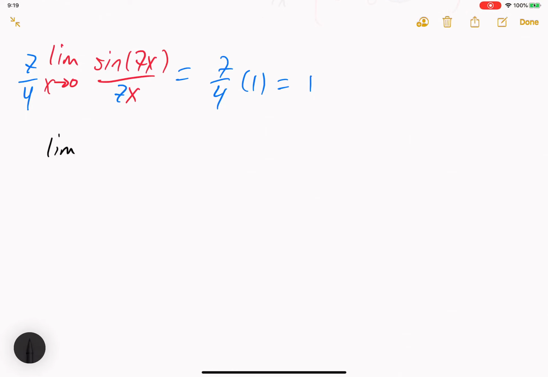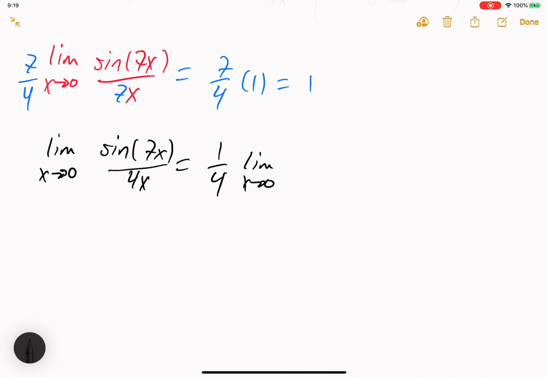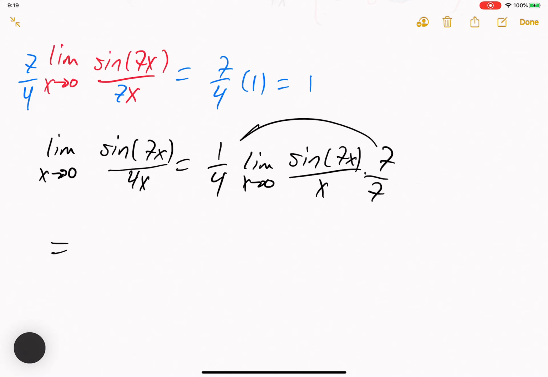So we get the limit as x goes to 0 of sine of 7x divided by 4x. That's equal to, I'm going to pull out that 4 now, the limit as x goes to 0 of sine of 7x divided by x, and then we want that 7 there, so divide by 7, and then we can pull out that 7 again, like I said before.